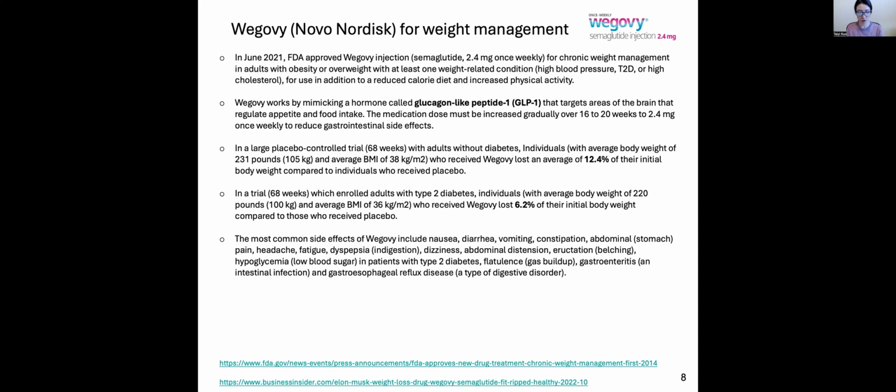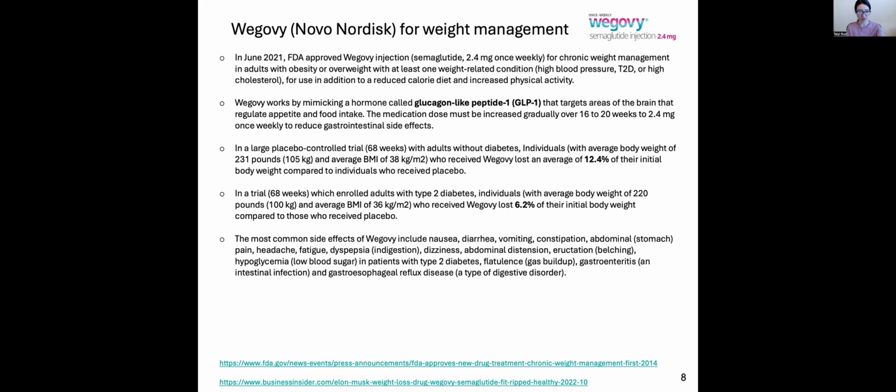After they receive Wegovy for 68 weeks, they lost 6.2% of their initial body weight. That's impressive. And like I said, Wegovy was given in combination with dieting and exercising.